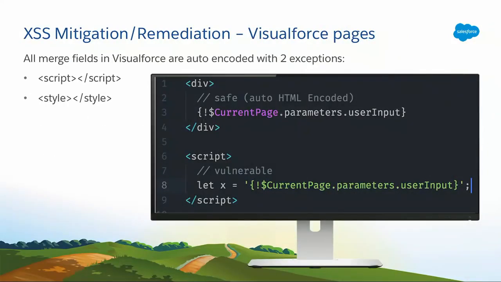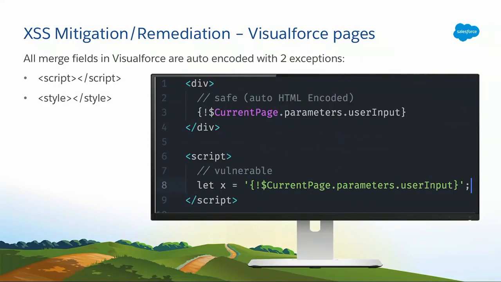In Visualforce, we've got a couple of different things going on here. I just spent the last hour actually trying to trick Visualforce into popping an alert box, and I was very frustrated because it wasn't working, and that's because we have a lot of things built into the platform to prevent this.